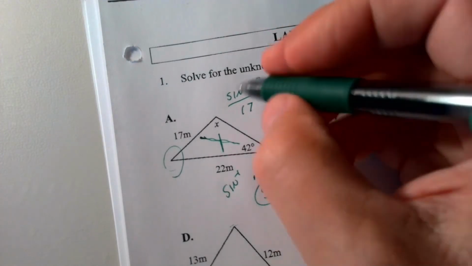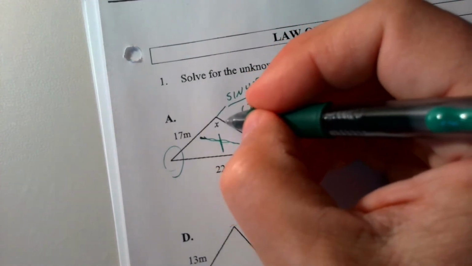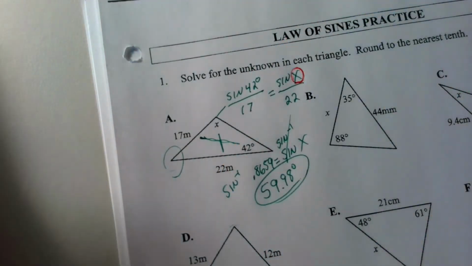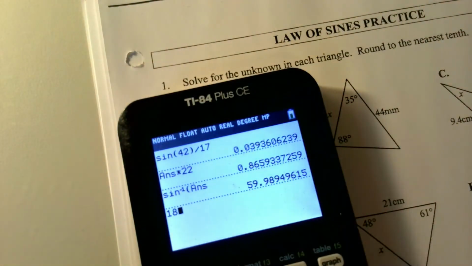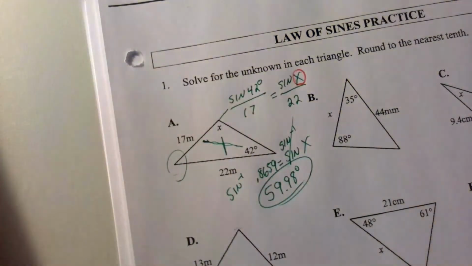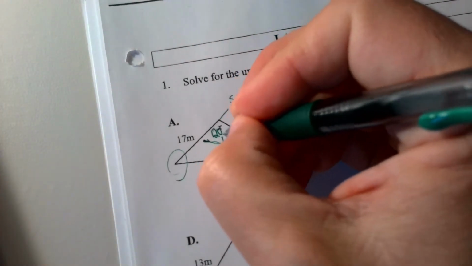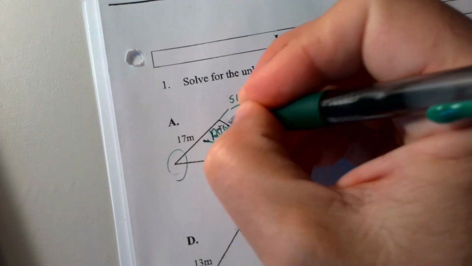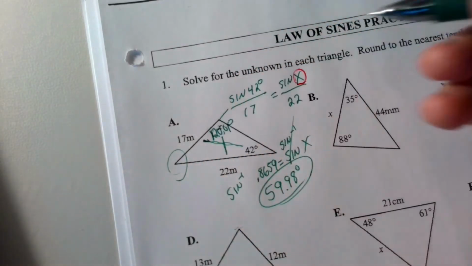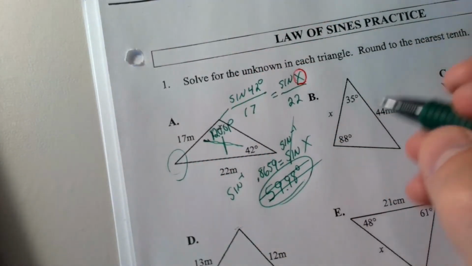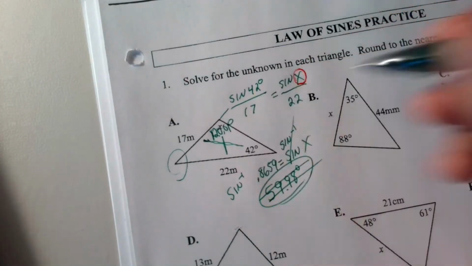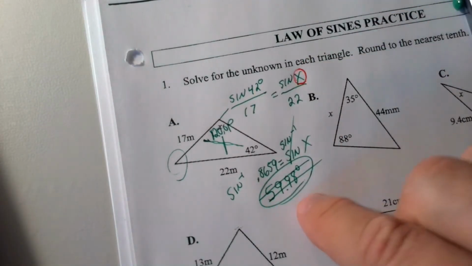So really our 59.98 is the smaller one, and I need to take this one and subtract it from 180. So 180 minus that answer, I'm going to get 120.01 degrees. So this is really 120.01 degrees, because it definitely looks obtuse, right? Okay, so how did I do that again? It's the supplement, it's what adds up to 180.